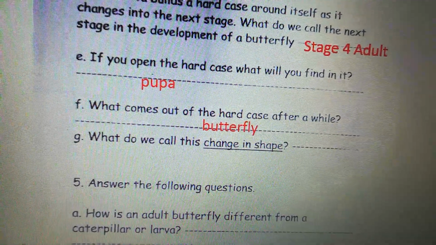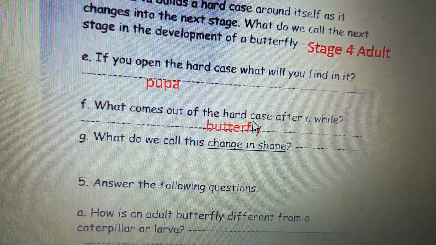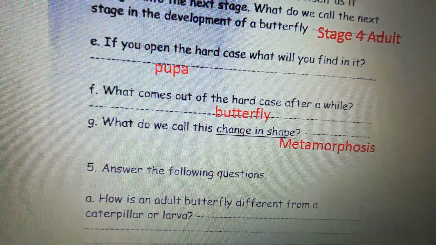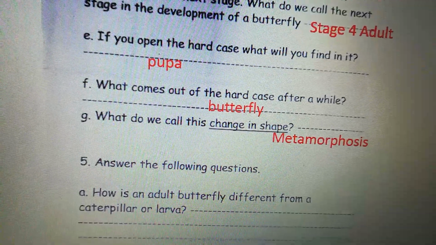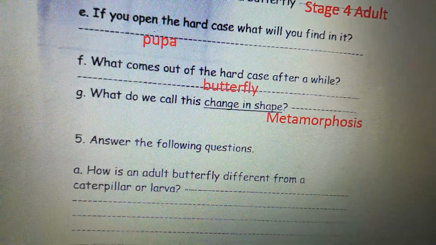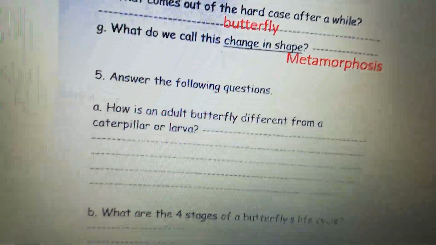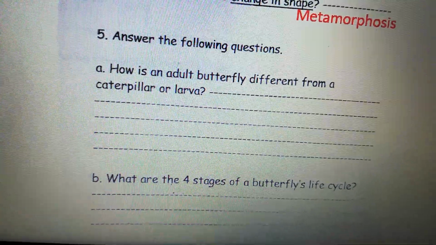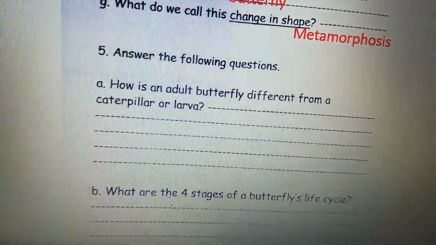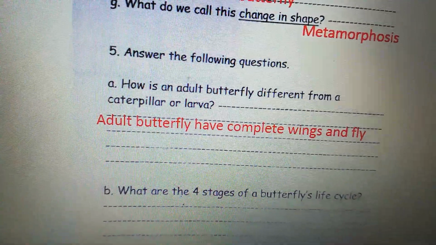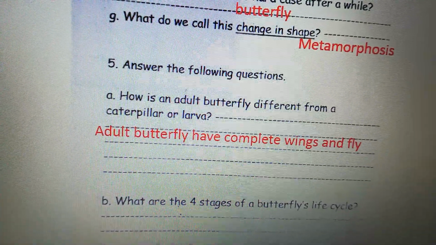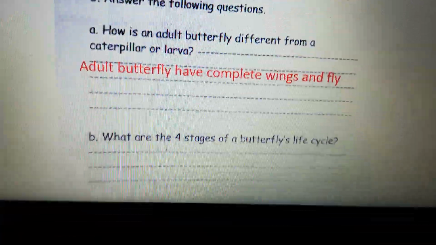So the pupa will become a butterfly. What do we call this change in shape? This change in shape, we call it metamorphosis. Now, they are asking us, how is an adult butterfly different from a caterpillar or larva? So an adult butterfly has complete wings and flies. It is able to fly.